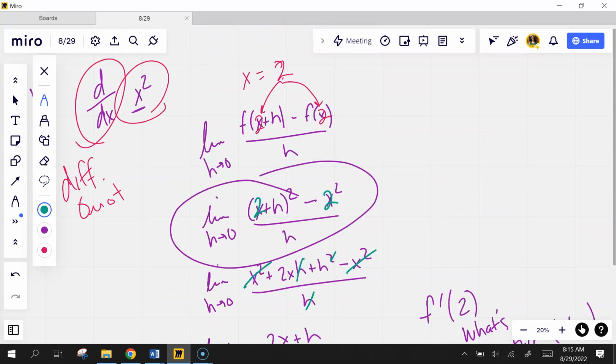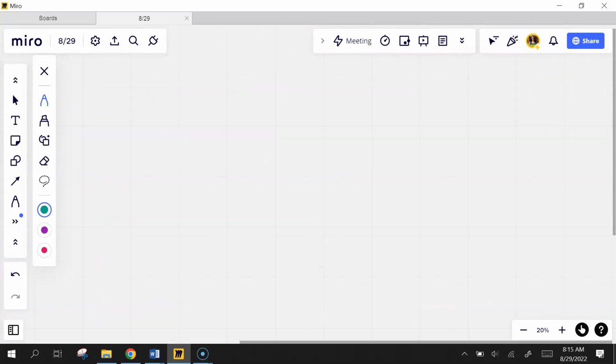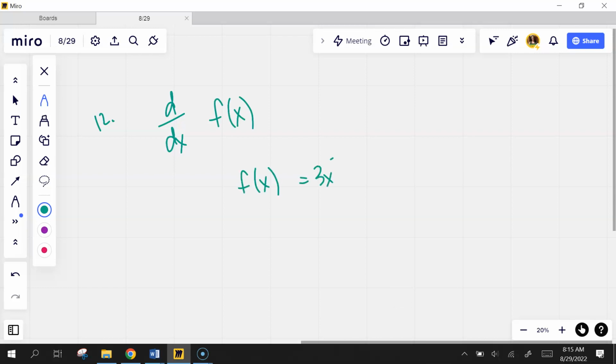All right, and then you said which one, 12? Same deal with 12. Find the derivative. They're really just writing these in different ways to get you used to that notation. If f of x is 3x squared, difference quotient again. So I'm doing the limit as h goes to 0 of f of x plus h minus f of x all over h.